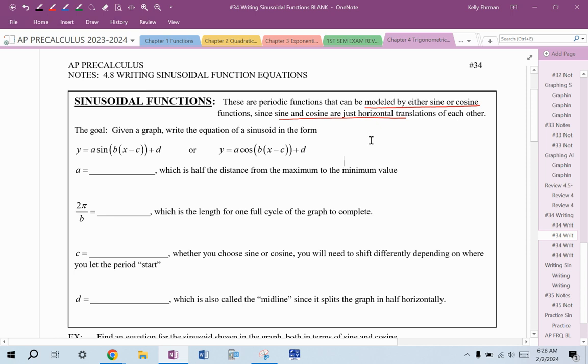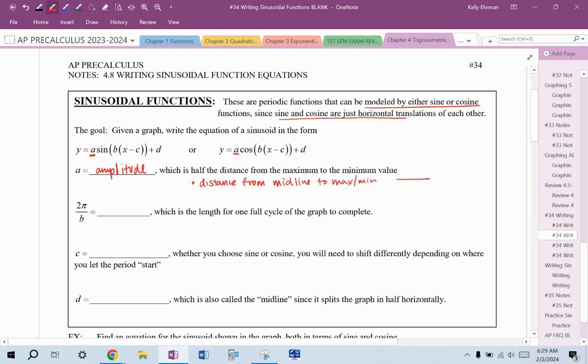So, reminder from our graphing unit, the A coefficient in front of sine or cosine dictates the amplitude. Now I have this as half the distance from max to min, but honestly I usually just think of it as the distance from the midline to either the max or the min, it doesn't matter.